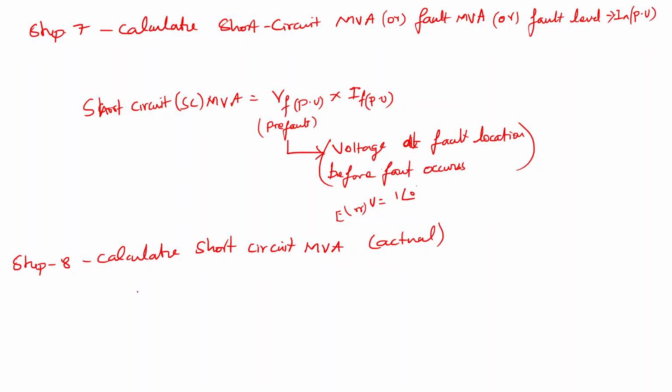I will write in the simple form: SC is nothing but short circuit MVA actual. Actual is equal to short circuit MVA per unit value into the total power.